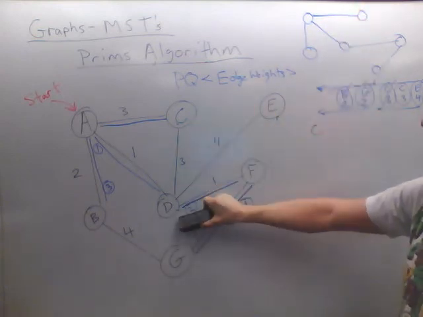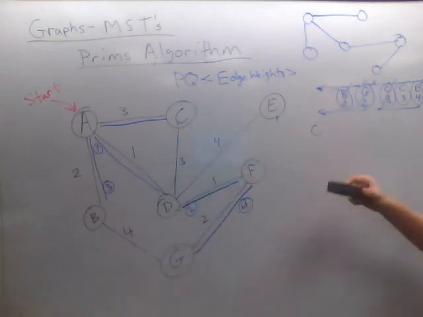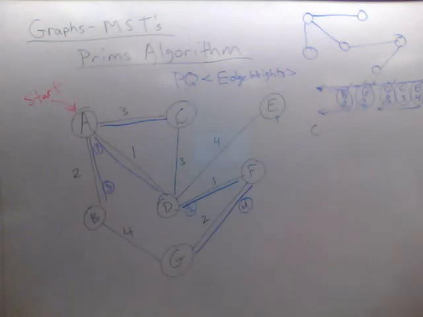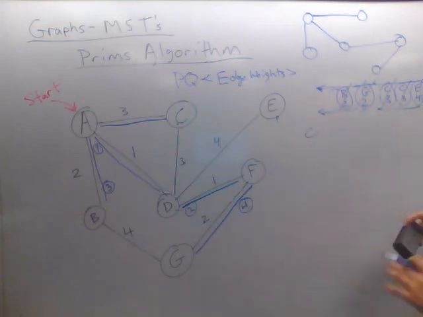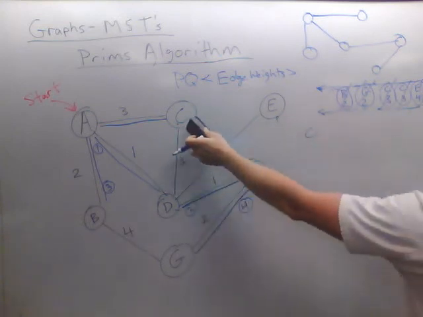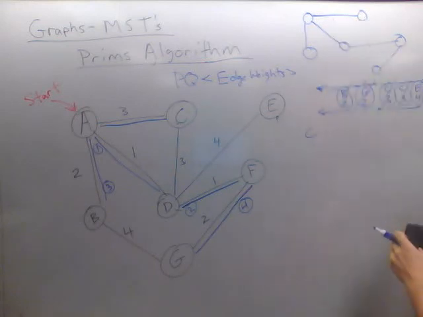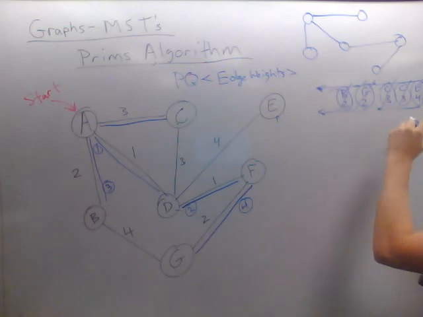We can get to D with cost 3, but that vertex has already been visited, so we don't have to add that. Cool. So pop out the next. We pop out C. C has already been visited, and it's already included inside our minimum spanning tree, so we don't need to visit it again.